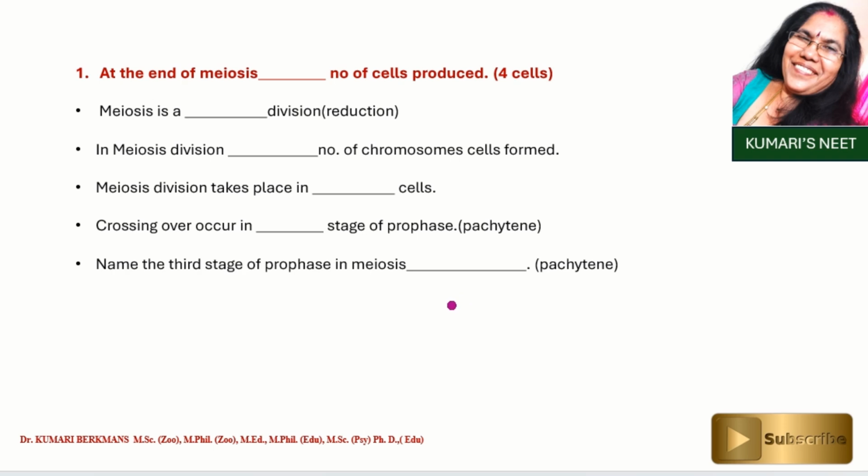In which stage does the crossing over occur? You can see in the previous question. What is that? Pachytene. Very good. Few have answered, so make a note. Crossing over occurs in the pachytene stage. So that is the third stage of prophase 1.